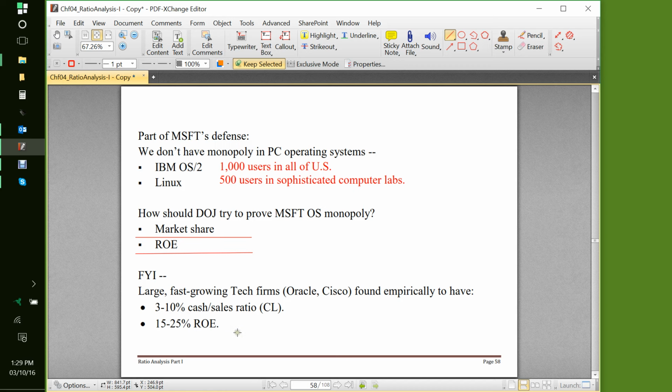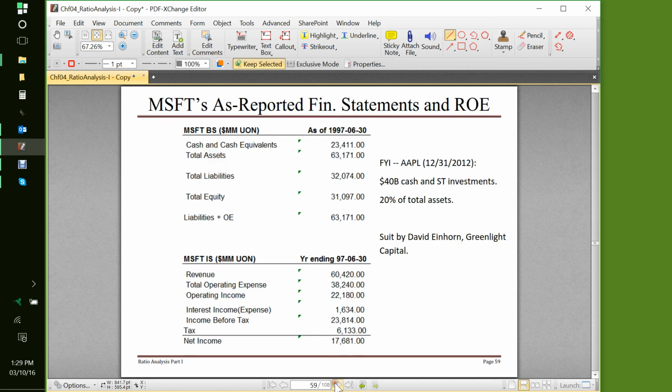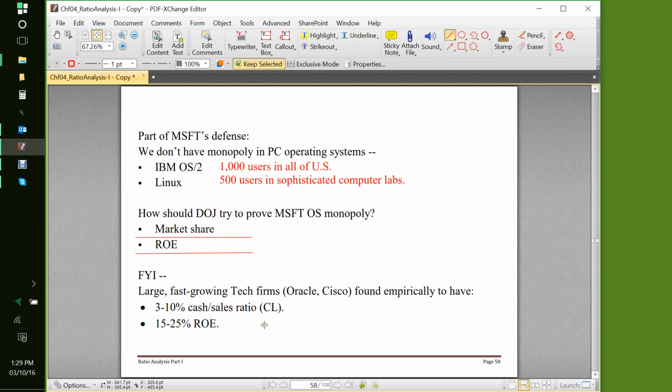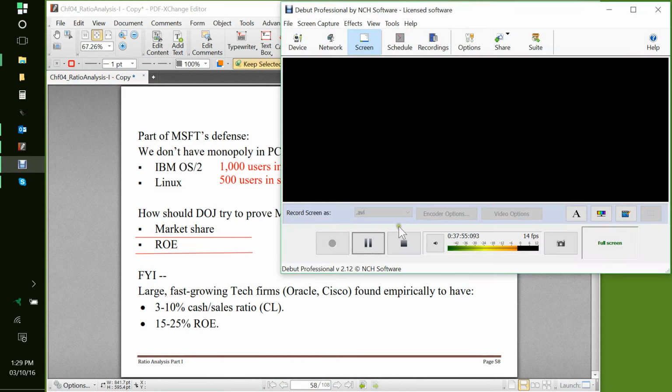That's very, very healthy. With that in our back pocket, the next thing we're going to do is look at these things, especially ROE, for Microsoft. We'll do that starting in just a minute.